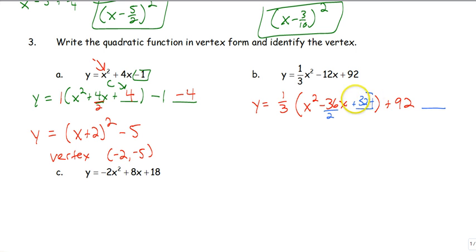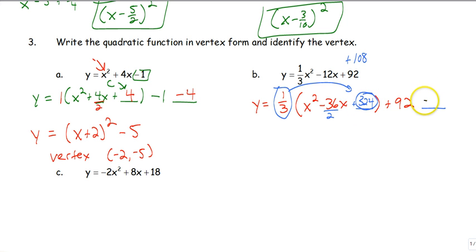And the reason why is, let's look at these things. I'm actually, in essence, adding 324 times a third, because there's that third out there. So I'm really, in essence, adding 108 to the problem, not 324, because the 324 is being multiplied by a 1/3.